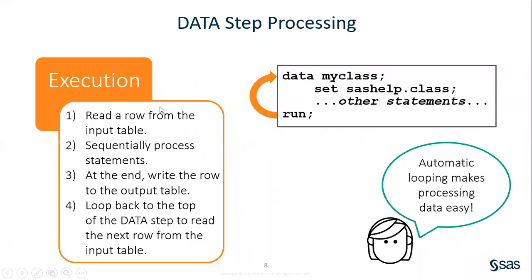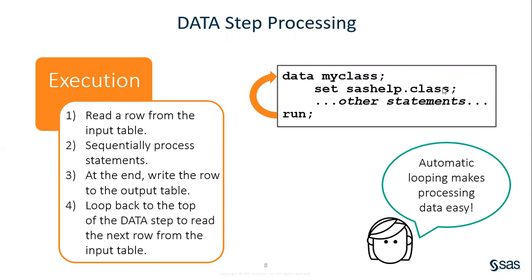So that's what it's telling here. In the execution phase of your data step, it reads a row from the input table. Sequentially, it processes the statements. At the end, it writes the row to the output table, and it looks back to the top of the data step to read the next row from your input data.